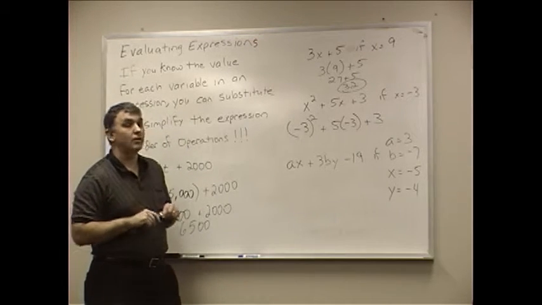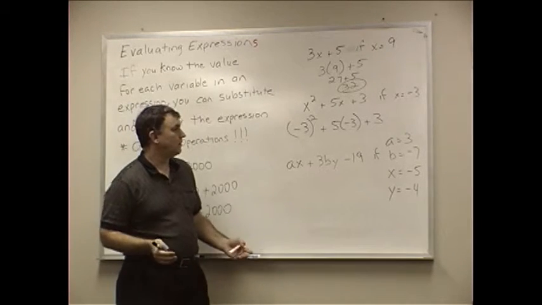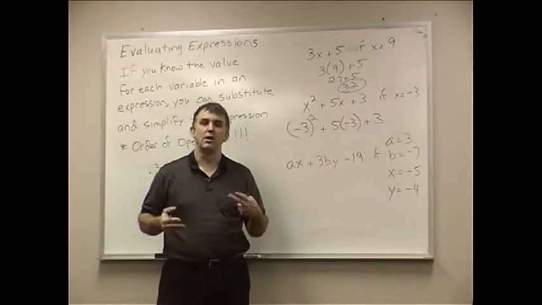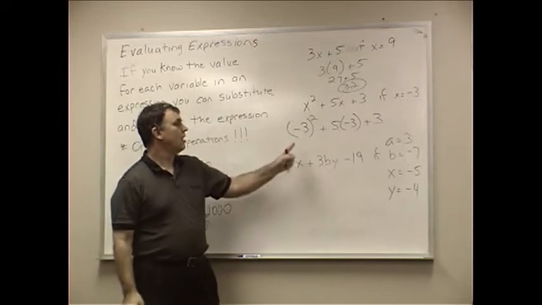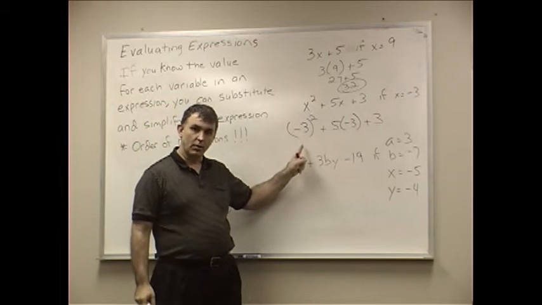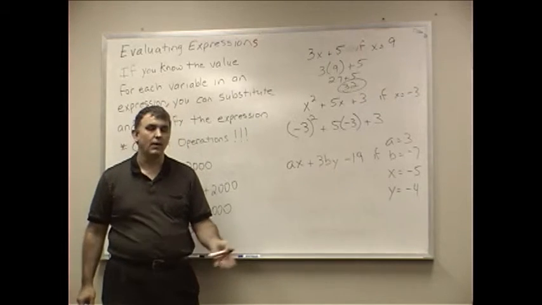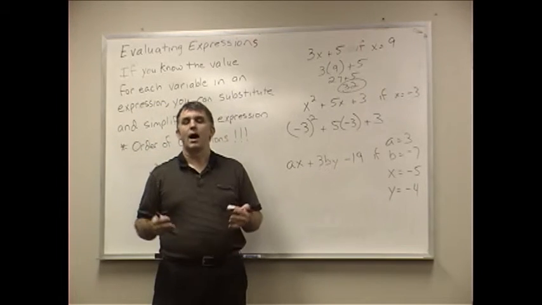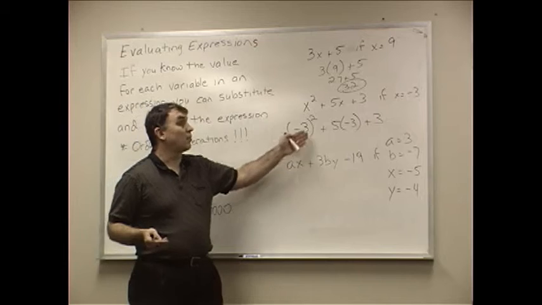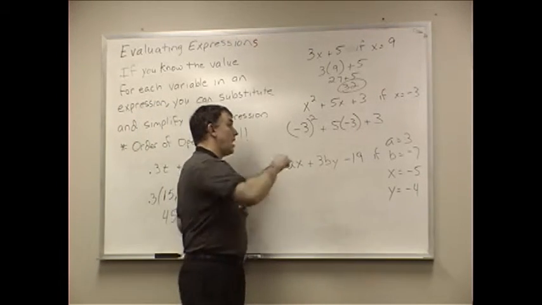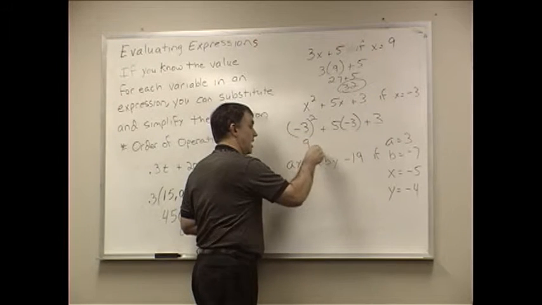Every time I substitute, I always put the number I'm substituting in parentheses. This makes sure, for example here, that I know that I have to square negative 3. If I didn't use the parentheses, I might miss that, and I would end up coming up with negative 9 there, where negative 3 times negative 3 in reality is positive 9.